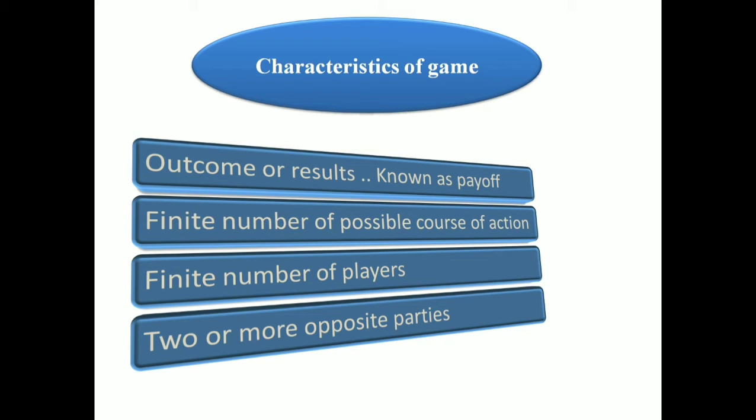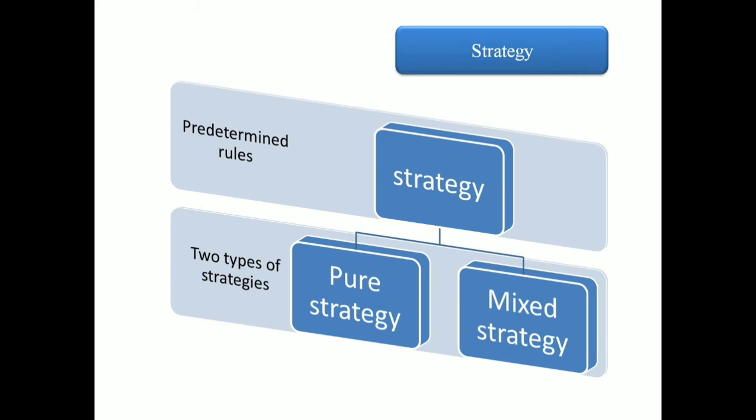Once you reach the semi-final or quarter-final, finally you will be in the final match. So two or more parties are there. You have to compete several times against different teams. Finally, those who reach that particular position are the winners of the game. In some situations there will be two parties, in some situations more than two parties, for achieving the desired set of results. So that is the next characteristic of a game.